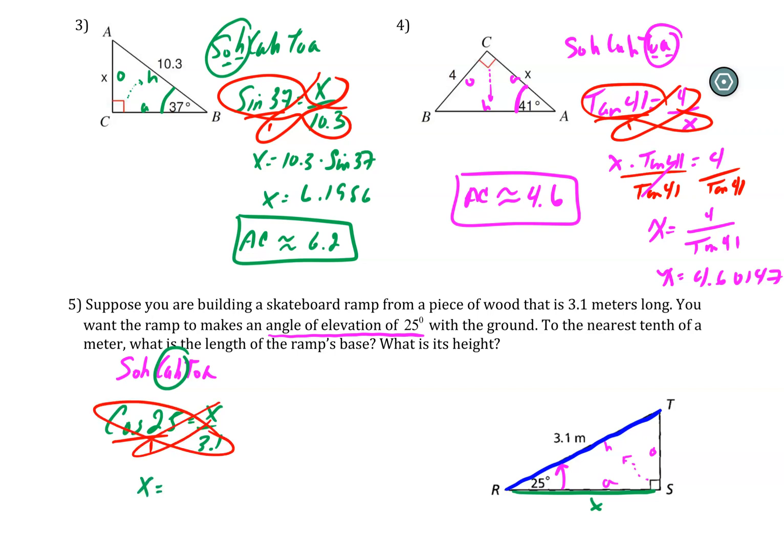So I get x is equal to 3.1 times the cosine of 25. Plug that into our calculator. We get x to equal 2.8095.